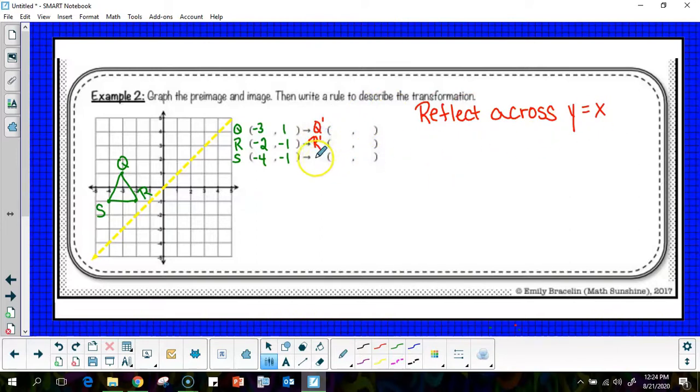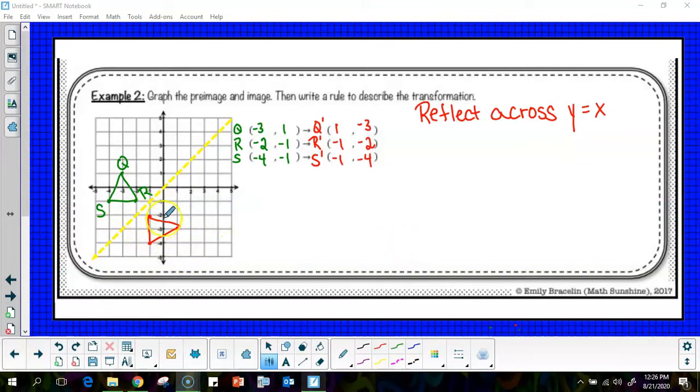I would encourage you to pause your video, look at the ordered pairs, think about the rule that we just came up with for reflecting across the y equals x line, figure out what the ordered pairs are here, and then reflect this triangle and construct the triangle on the coordinate plane, and then come back and see if you did it correctly.